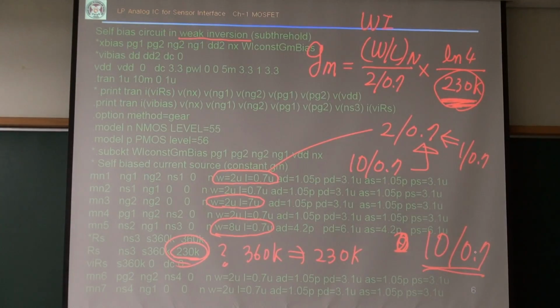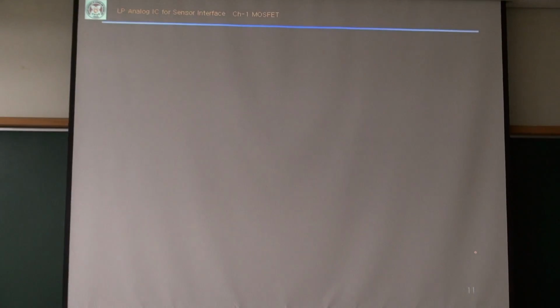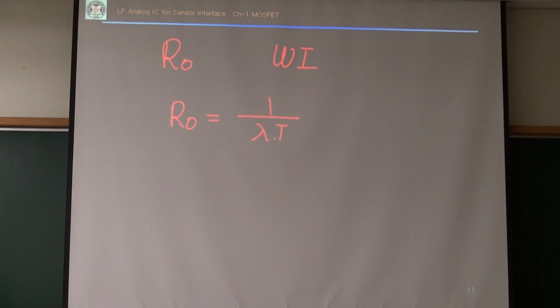Question? The question is what's the RO equation for the subthreshold region? You know, small signal output resistance, right? In weak inversion, we are using the same thing. We assume the current equation is about the same.